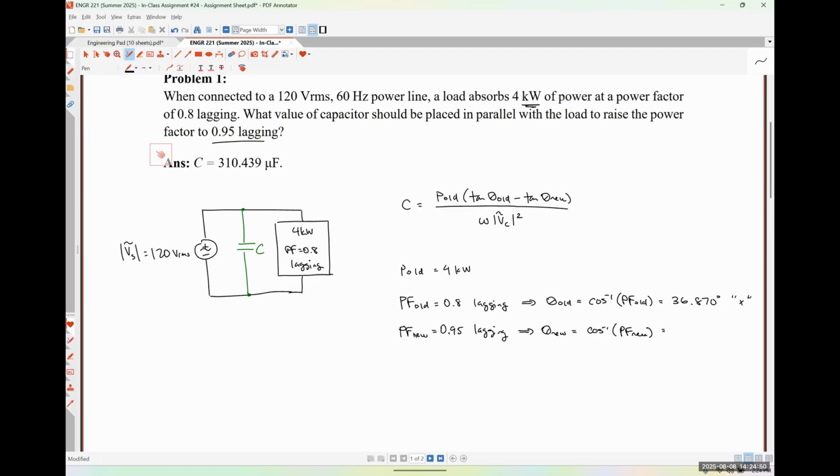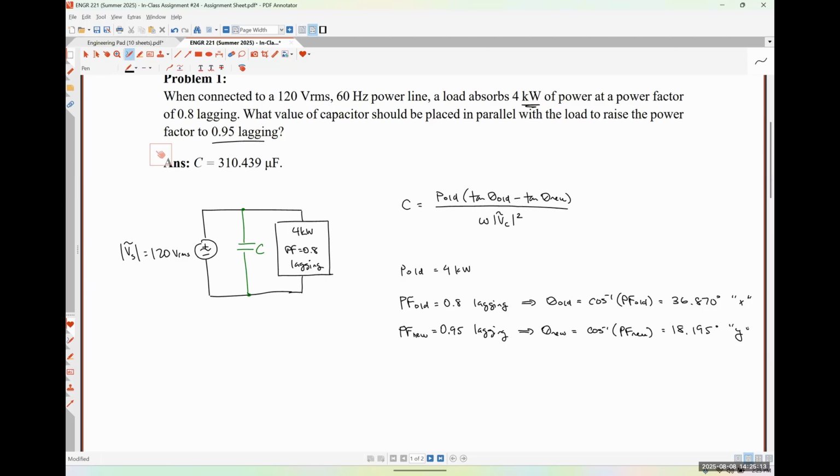And so when I do inverse cosine of 0.95, I get 18.19487. So let's call that 18.195 degrees. And I'm storing this in my calculator as Y.